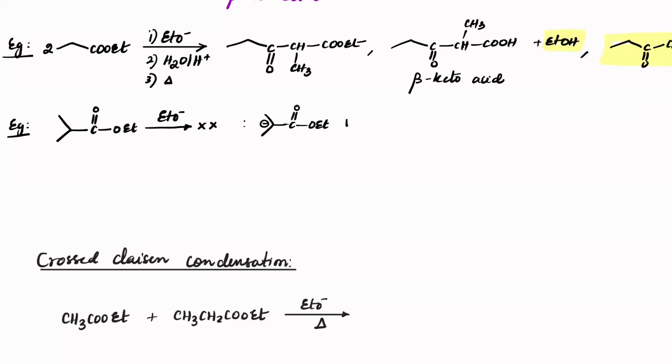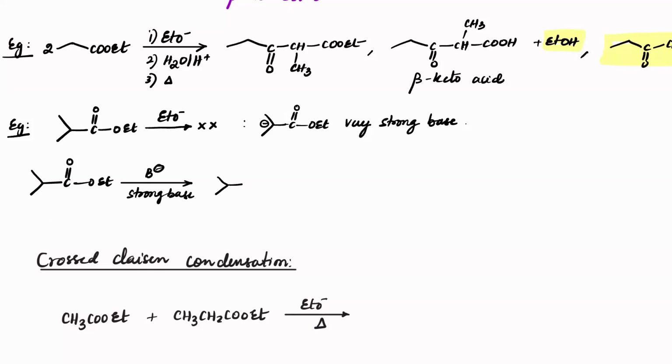It is a very strong base. So it is not easy to make this strong base initially to make Claisen condensation. But you just need to make this reaction work by changing the base itself. So instead of EtO minus, if I take a strong base B minus here, in that case, the reaction will work.